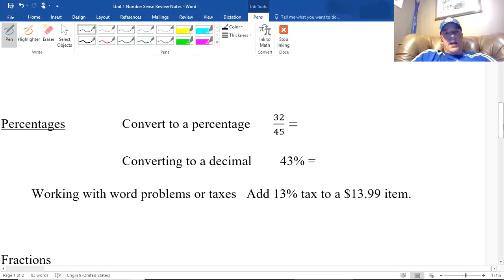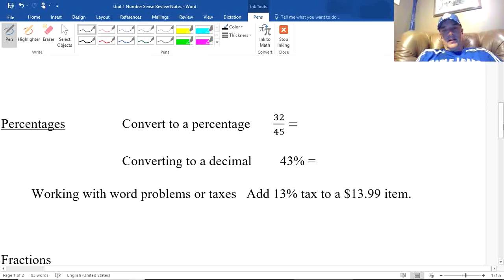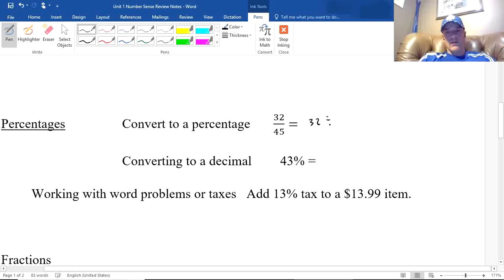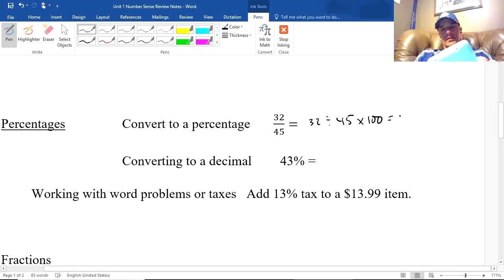Okay, then we have percentages, and so converting to a percent. Okay, in this particular case, to convert this to a percent, we're going to take 32 and we're going to divide it by 45. That's essentially what this means. And to make it a percent, we're going to multiply by 100. And this is usually a calculator thing.